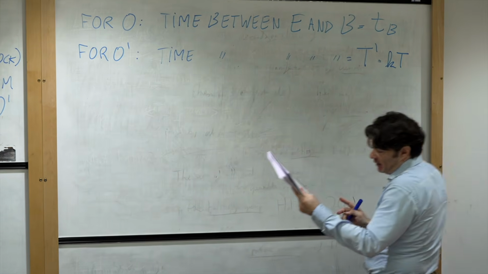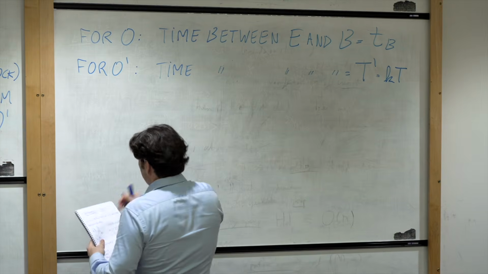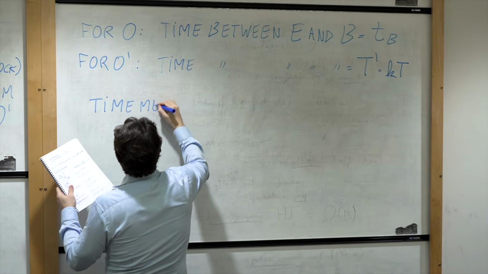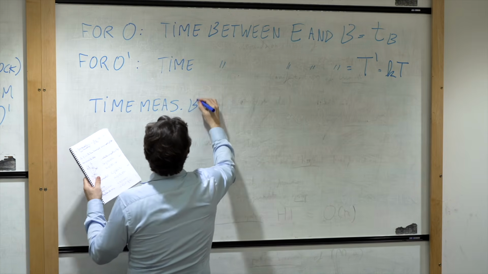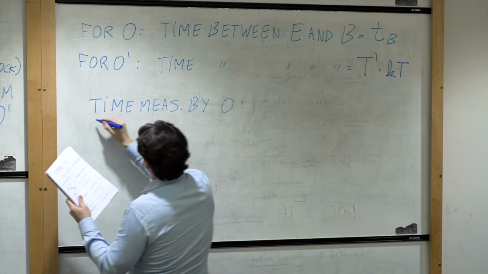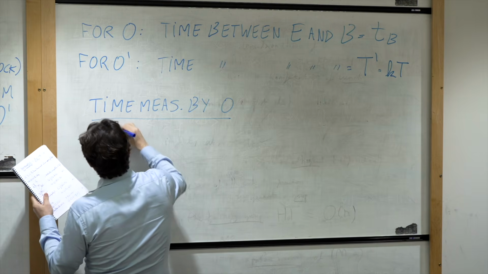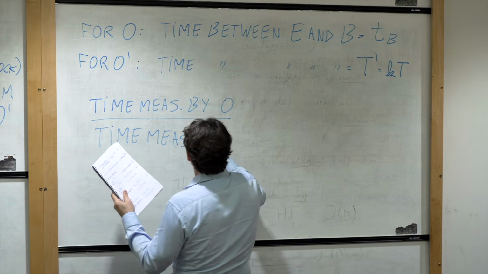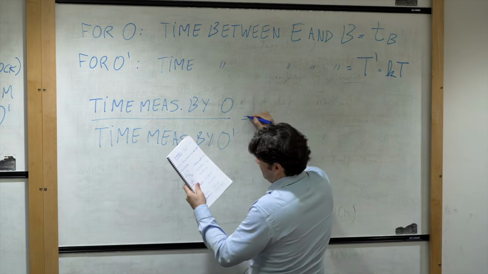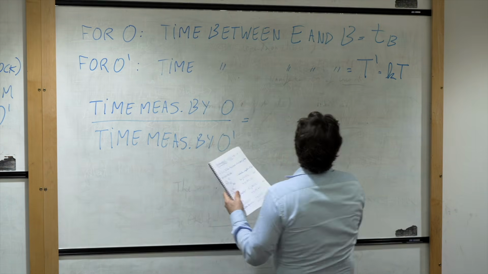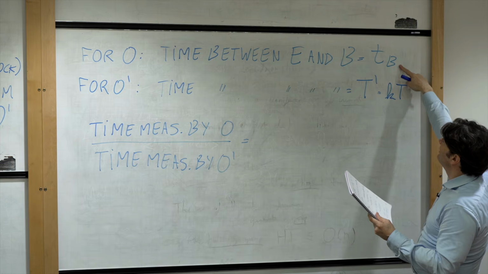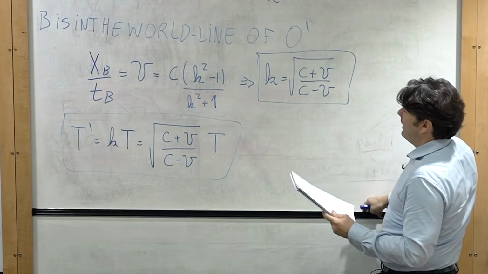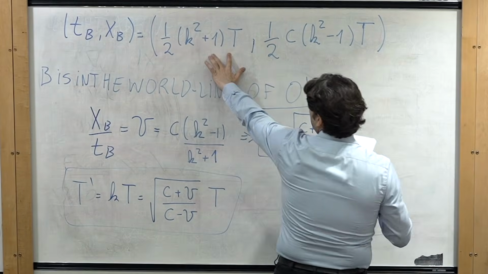And now we have something very cool. We have that the time measured by O divided by the time measured by O prime is equal, you just do this ratio, okay, where TB is given here.